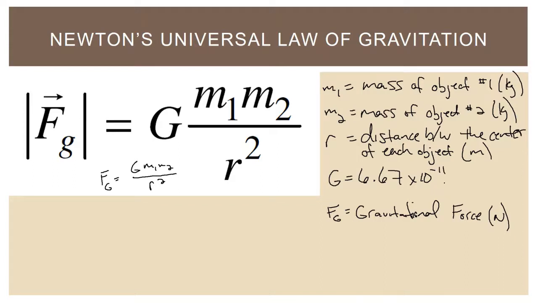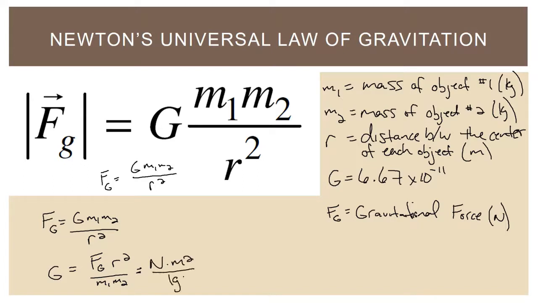Now, the unit is printed in the AP reference table different than it is printed in the Regents reference table. So I just want to talk about this for a second. Notice, if you solve this equation for big G, you get Fg r squared over m1 m2. And what we write in the honors, or whatever, the Regents reference table, we write newton meter squared per kilogram squared.